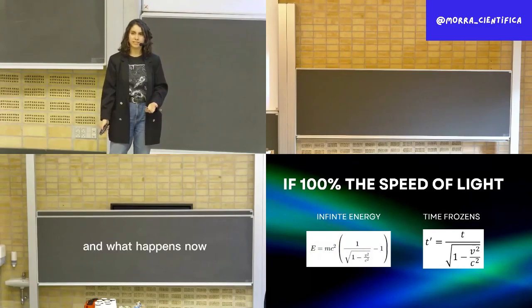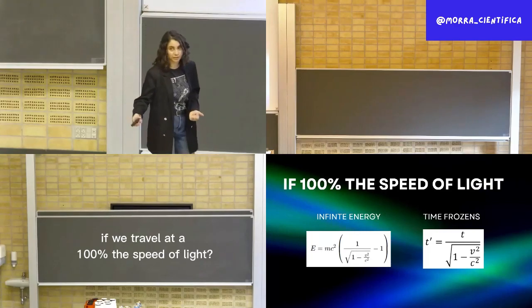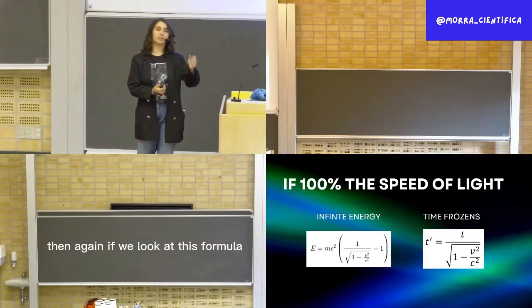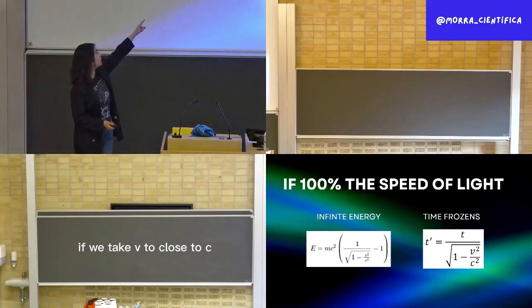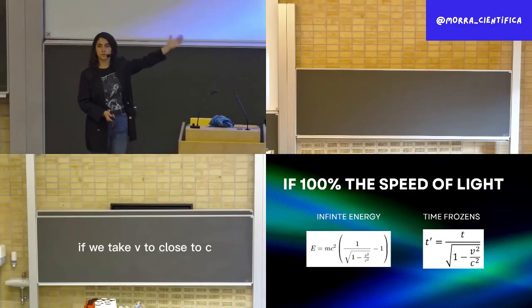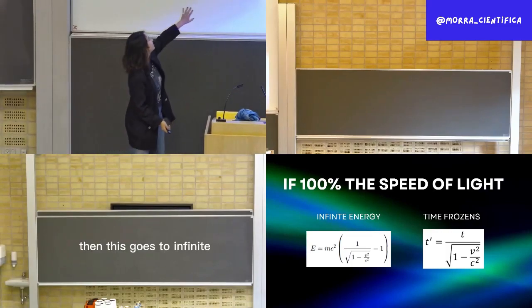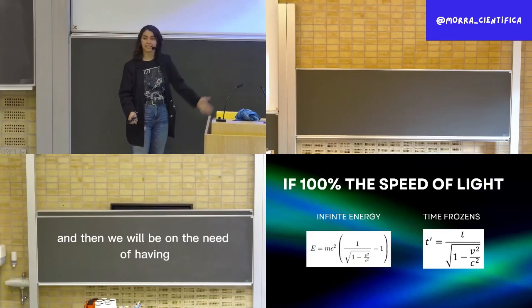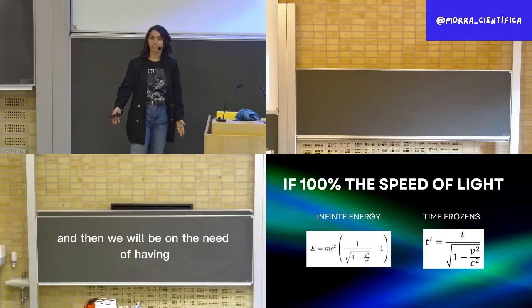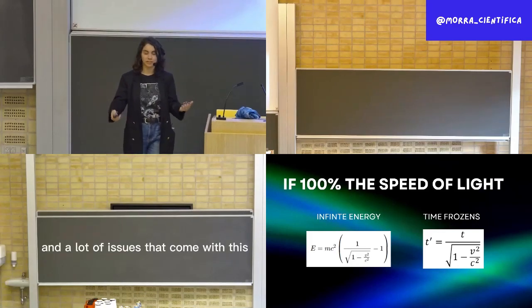And what happens if we travel at 100% the speed of light? Again, if we look at this formula and take v close to c, because that means 100% the speed of light, then this goes to infinity, and we would need infinite energy and infinite mass, and a lot of issues that come with this.